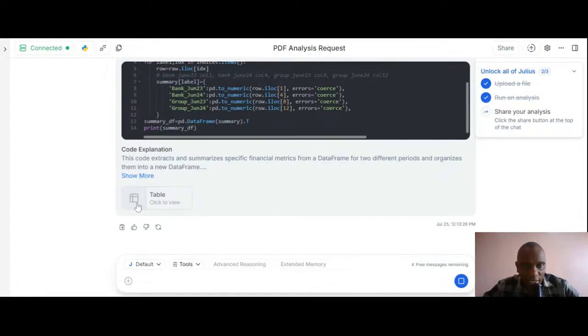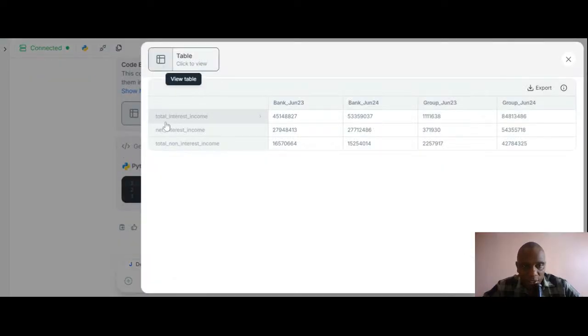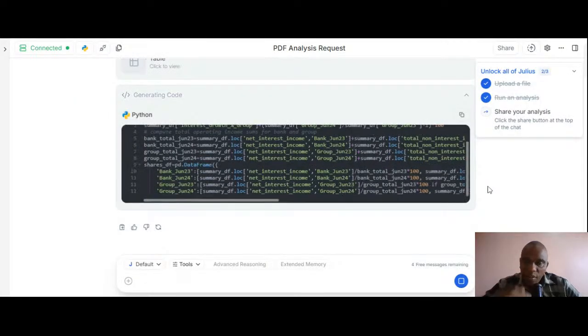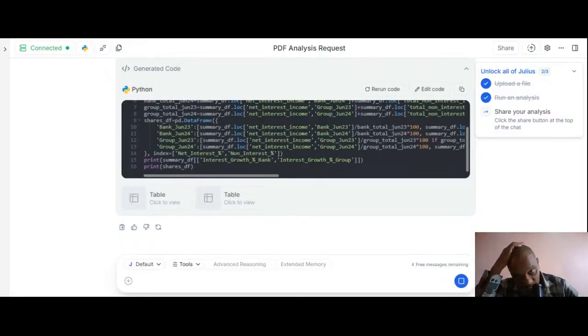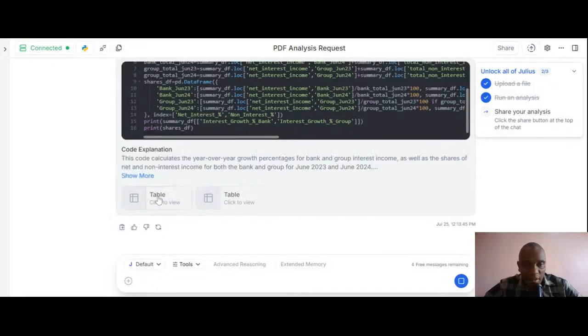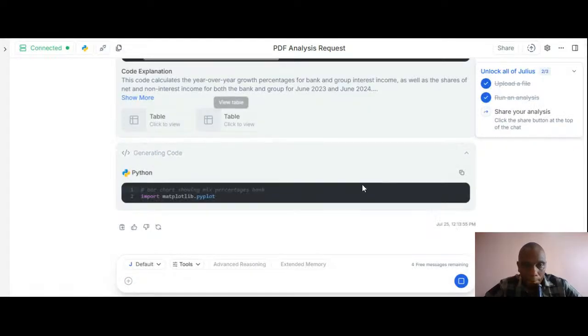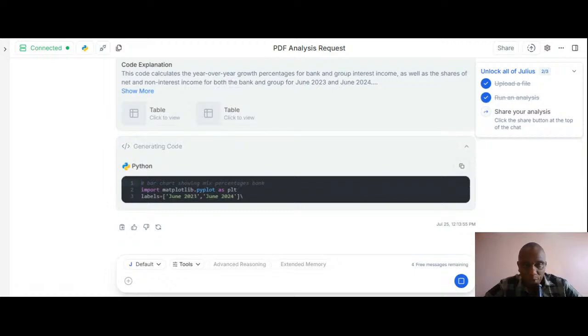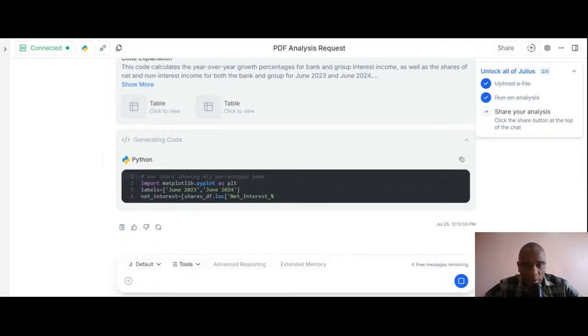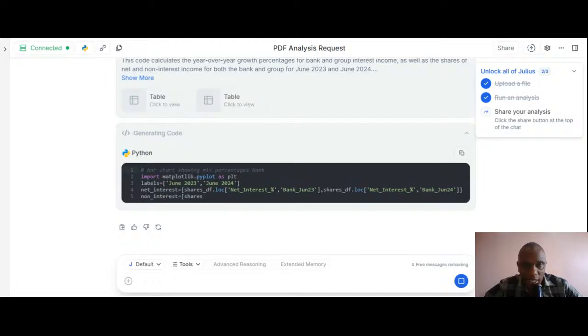So we still have another table here on total interest income, net interest income, and non-interest income. This is supposed to help it make a decision for me based on the question that I have asked. Total interest, I think this is the same table. So it's still waiting for it to do its magic.